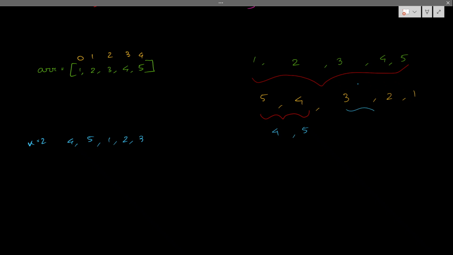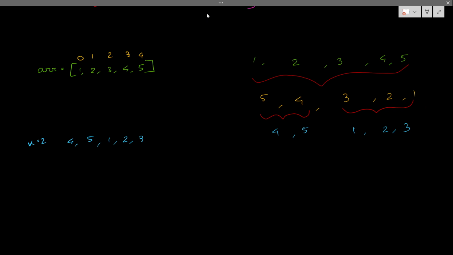And again we reverse the remaining elements, from the kth element to the n minus 1 element. So it becomes 1, 2, 3.